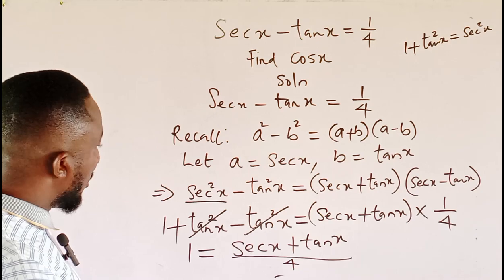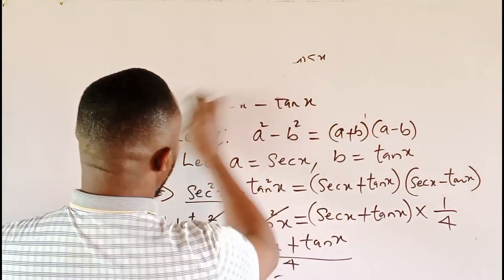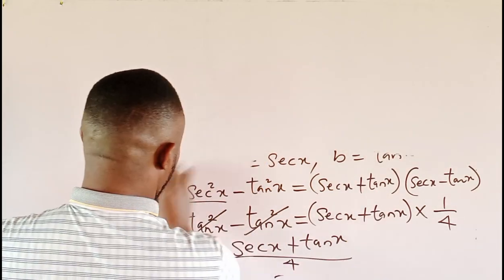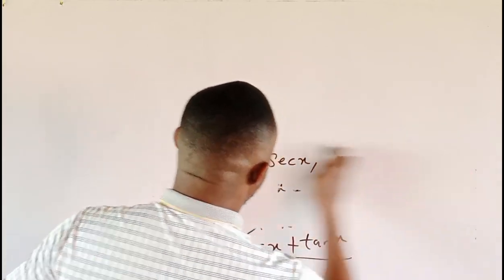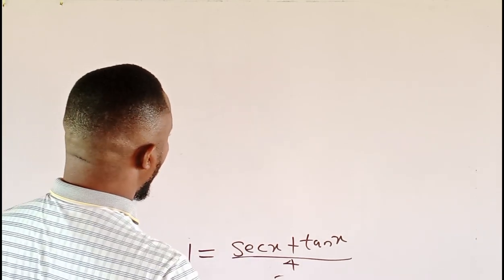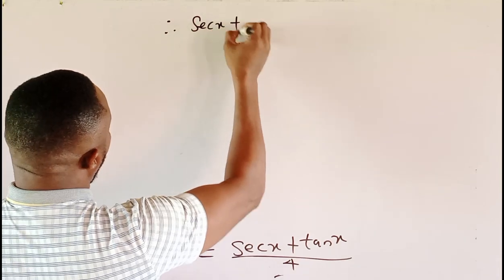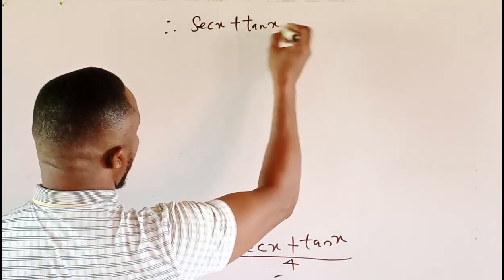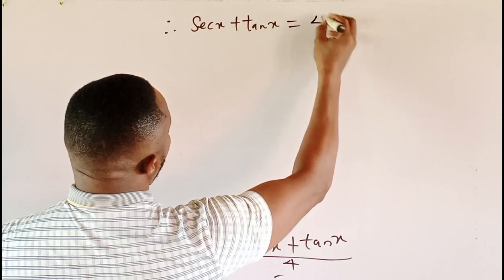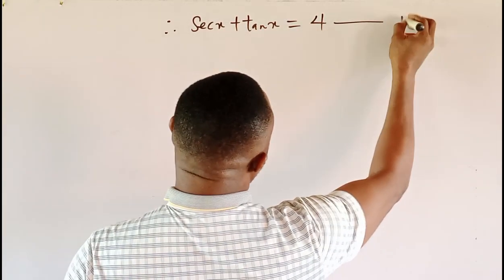So if we cross multiply, we can then easily get the value of secant x plus tan x. Therefore, secant x plus tan x will now be 4. So I can decide to call this equation number 1.